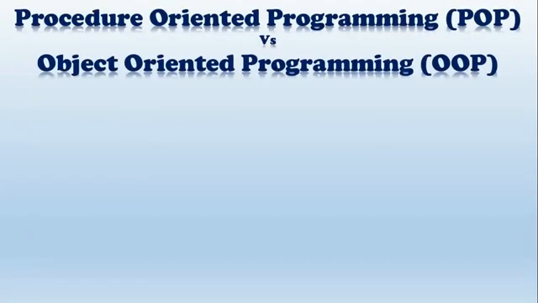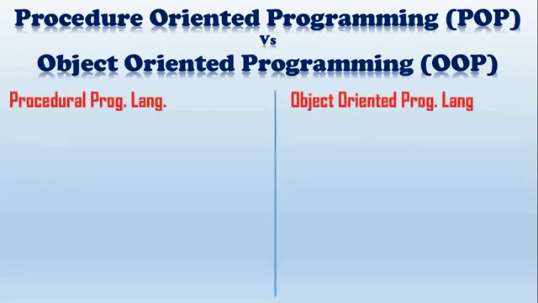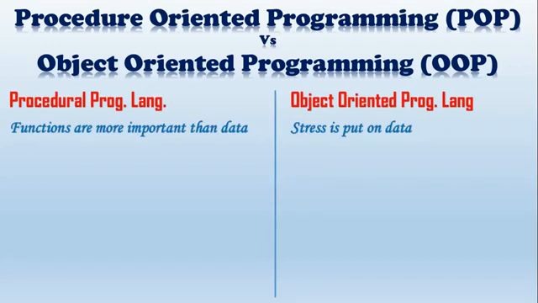Let us see the difference between procedure oriented programming and object oriented programming. In procedural programming language, functions are more important than data. But here in object oriented programming, stress is put on data.